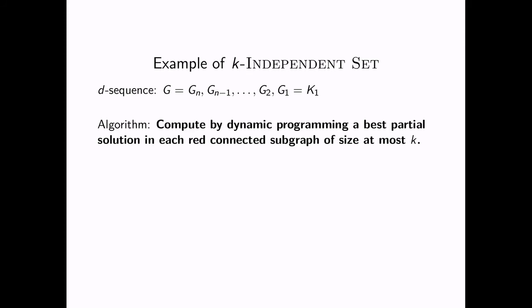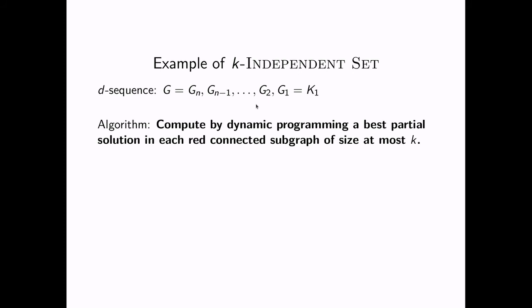We cannot for a problem like max independent set, but we can in the parameterized setting. If we try to solve k-independent set, which normally doesn't have an FPT algorithm in k, meaning an algorithm of the form function of k times polynomial, now we will be able to, in the case where we have bounded twin-width graphs and we're given a sequence.